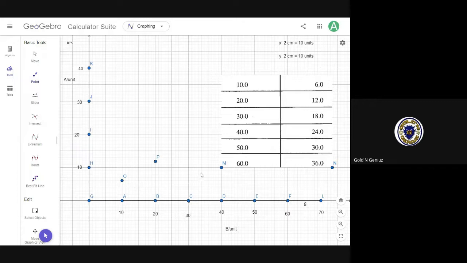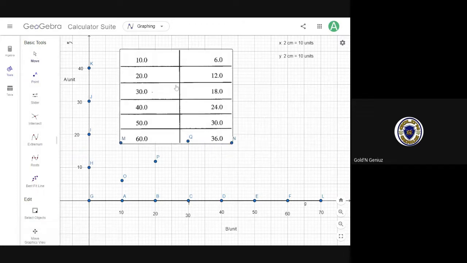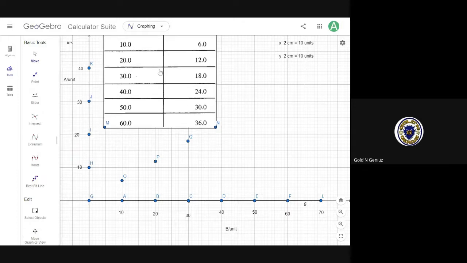Now for the next point, I have 18. And what I can do, I go 18. 18 is still crowded, but I can use a 20 and go over to 30 and then come down 1, 2. 2 from 20 is 18, so I can put my point there. Good. Drop this point. Now I go up to 24.